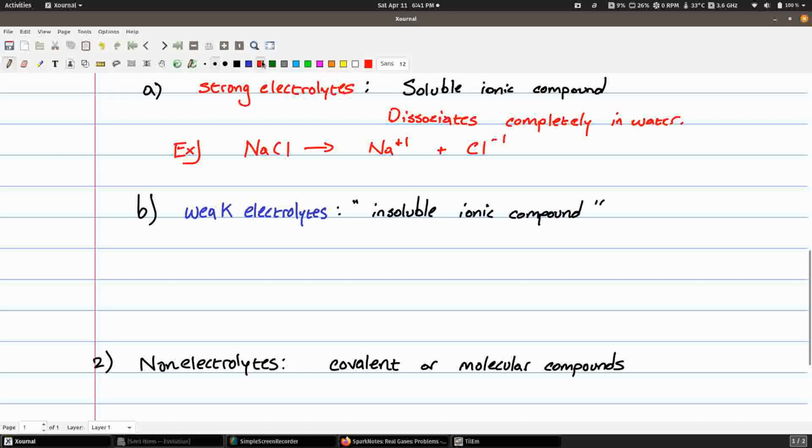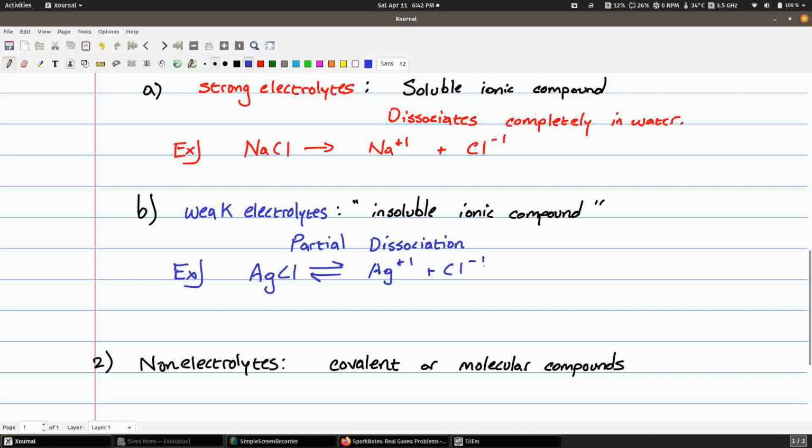So it's got partial dissociation. Your example would be, let me do this in blue just so everything stays the same, AgCl, except this one's got an equilibrium arrow, and you have Ag plus 1 plus Cl negative 1.